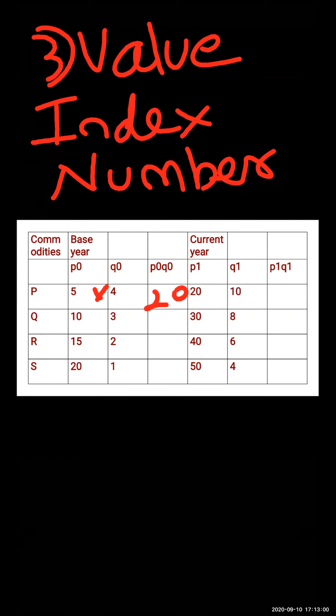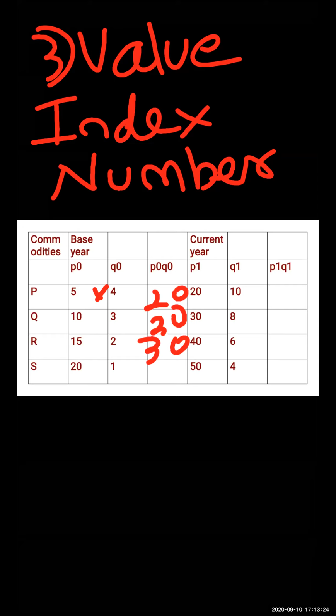Ten threes are 30. 5 twos are, 30? Good. 2 tens are, good, 20.